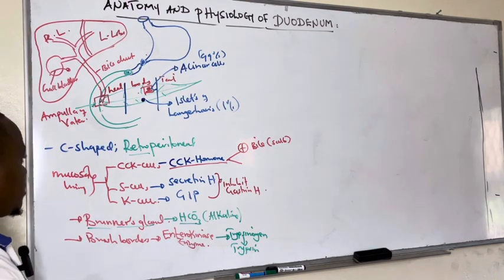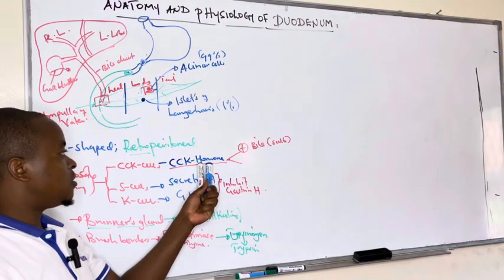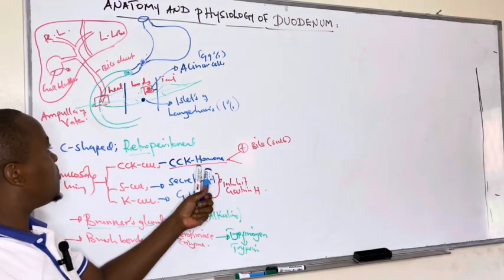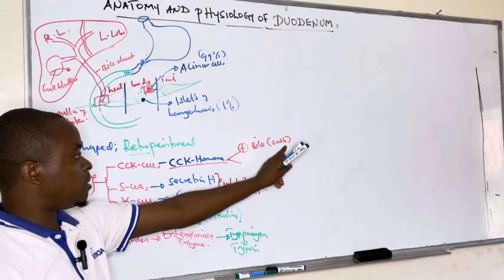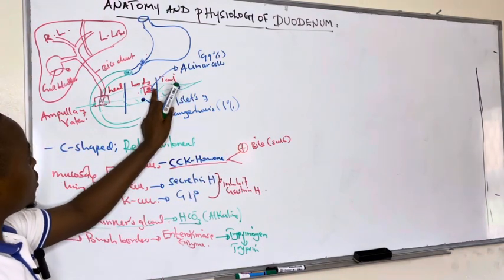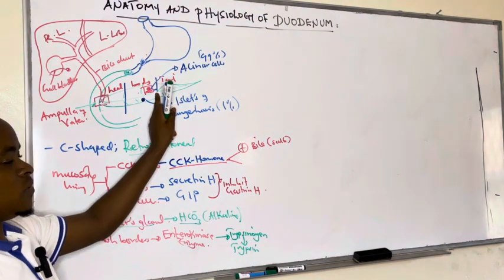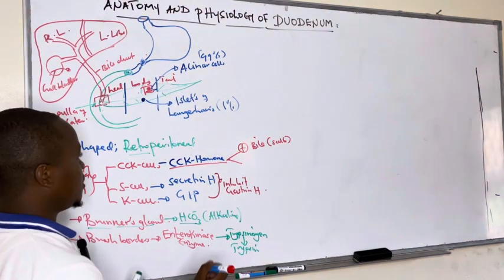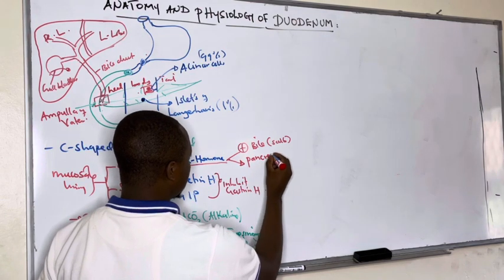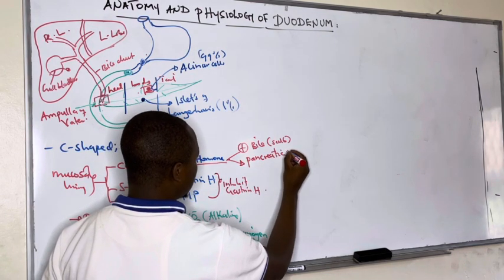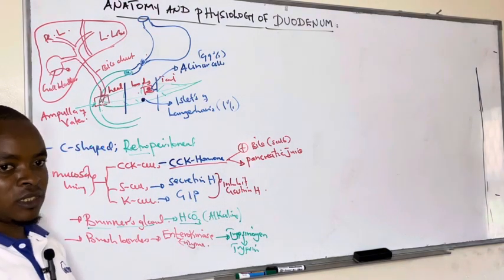So we are saying that the cholecystokinin hormone, apart from triggering the gallbladder to release bile containing bile salts, also goes to the acinar cells of the pancreas and stimulates them to produce pancreatic juice. And we shall see the composition of the pancreatic juice.